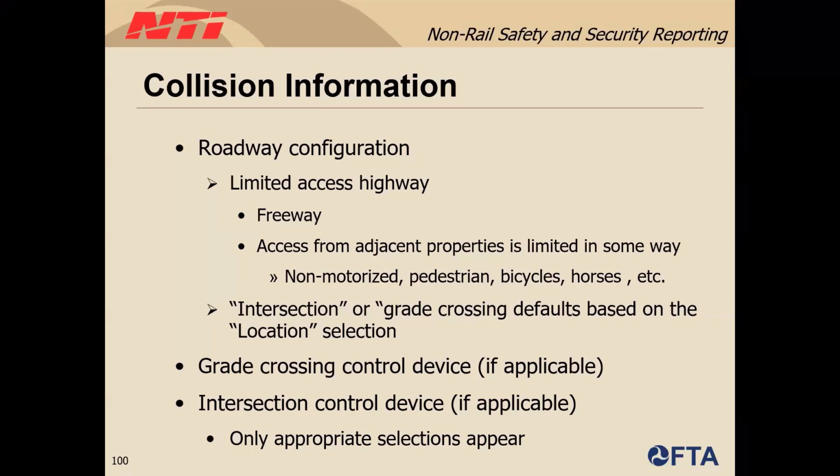Also, you may have noticed that now when the location is intersection, only intersection control device selections appear. Or if you select the grade crossing as the location, only grade crossing controls appear. You no longer have to select not applicable off the inappropriate list.